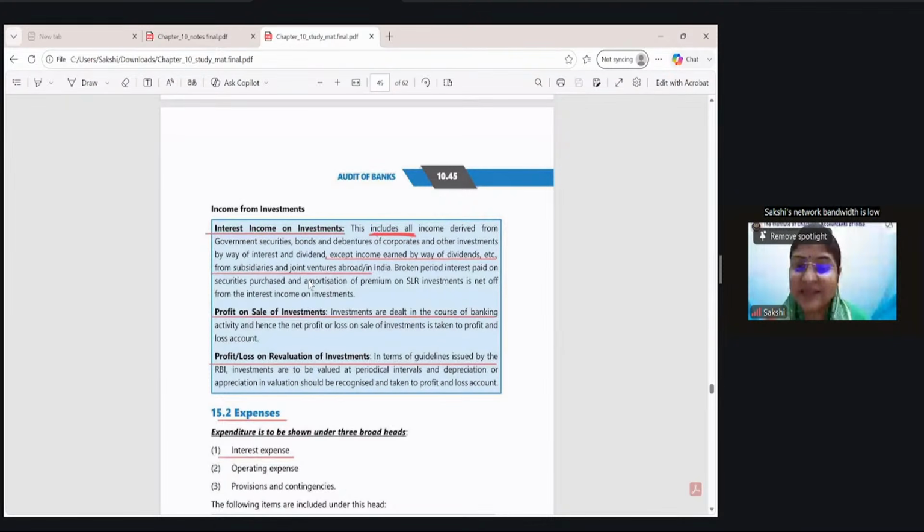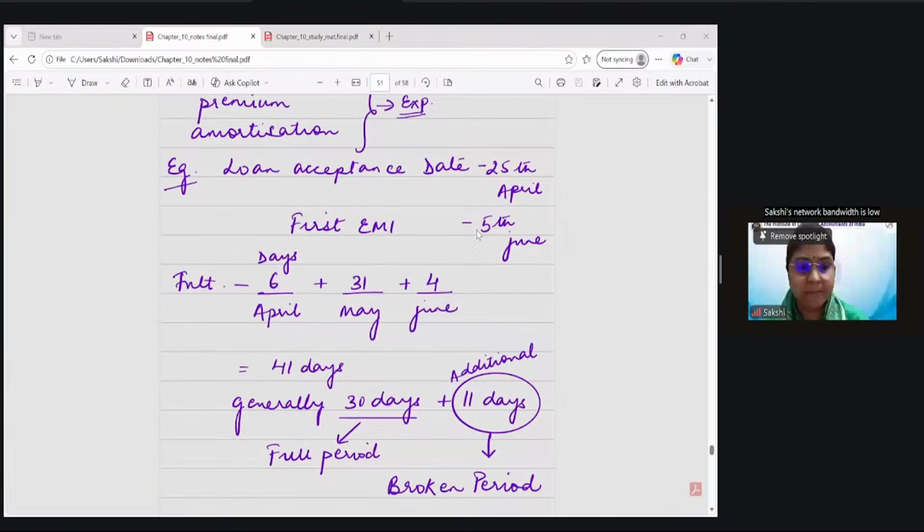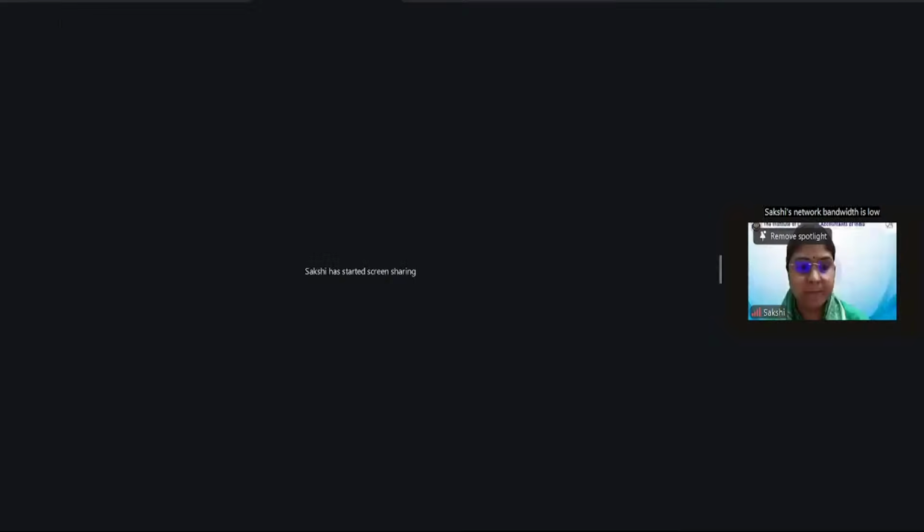Students, is this concept clear to all of you? Are you able to see the screen?